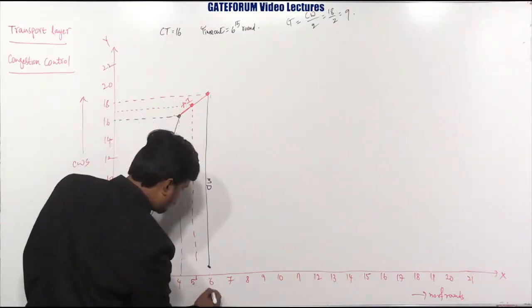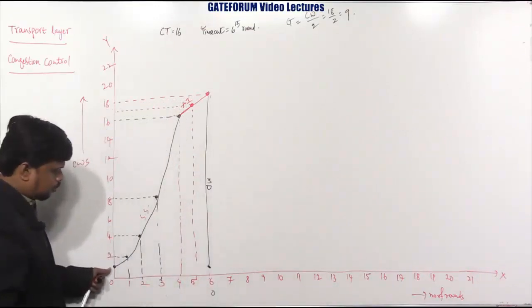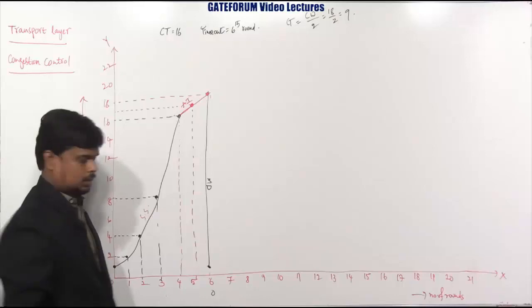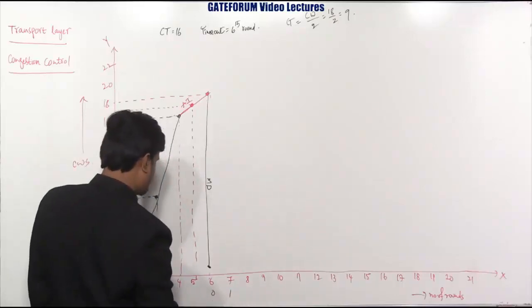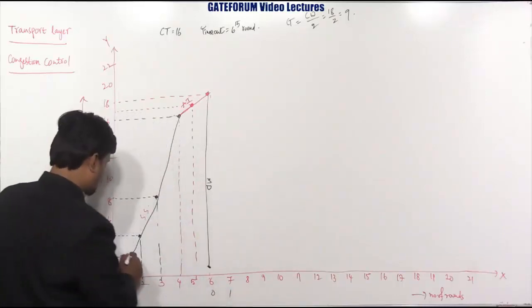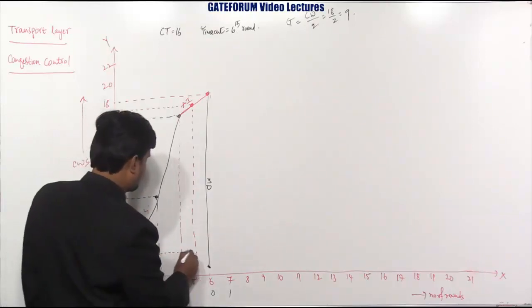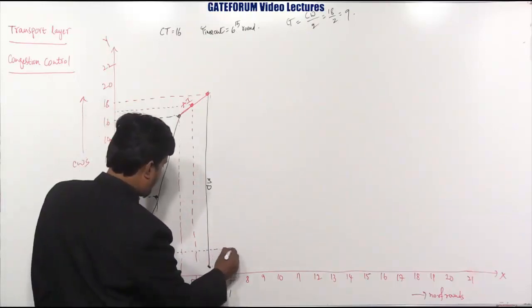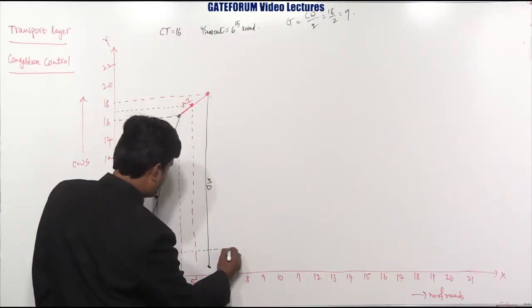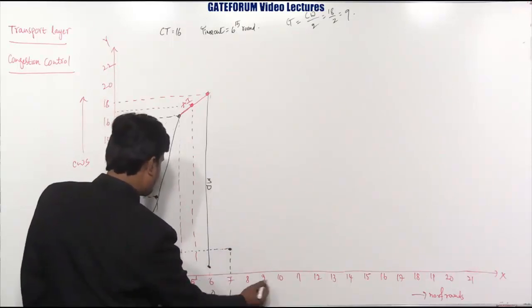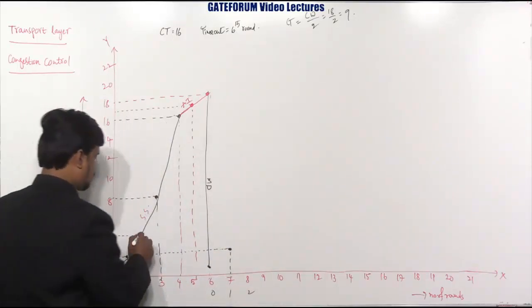And I can say that this is the 0th round, because in the 0th round it is 1, so in the 6th round it is 1. Now I can consider the 7th round as the first round. In the first round the congestion window size is 2. The 8th round I can consider as the second round, which is 4.